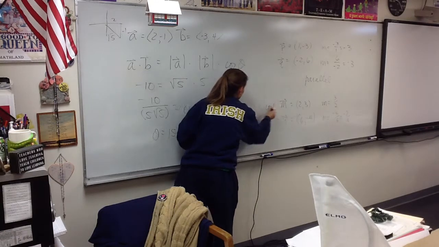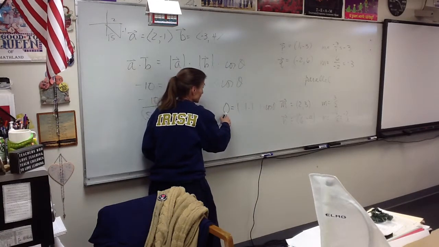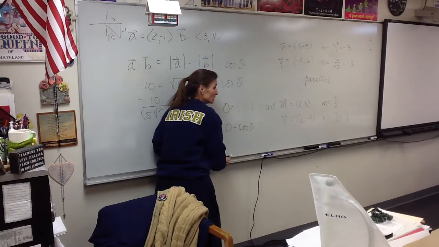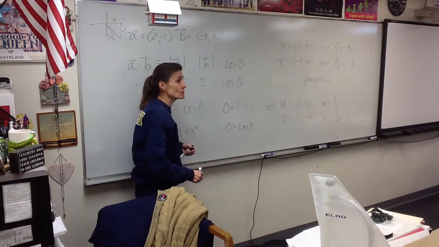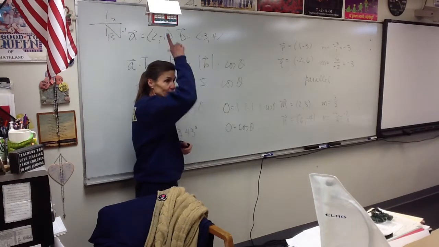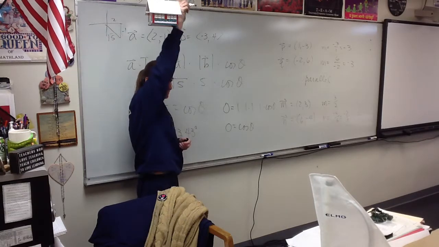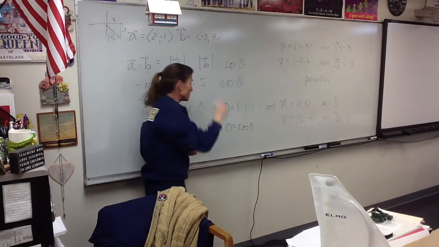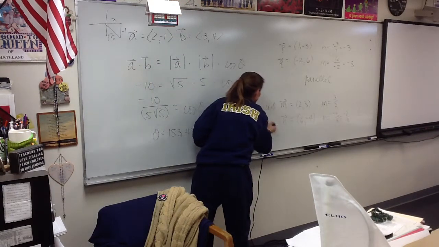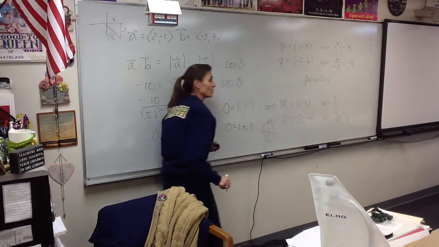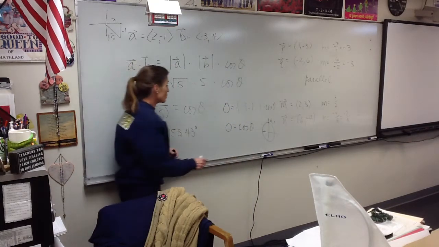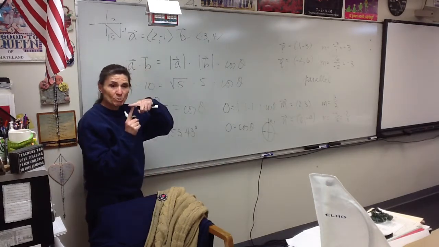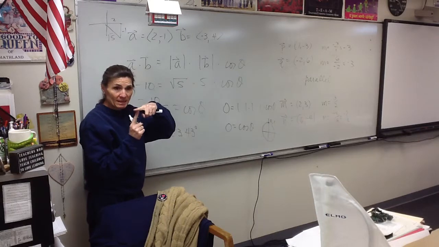If you put a 0 in here for the dot product, when you divide, aren't you still going to get 0? What angle has a cosine of 0? 90 degrees. So the angle between these 2 vectors is 90 degrees, which means they are perpendicular.